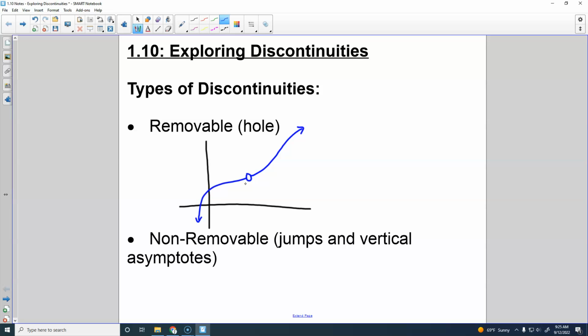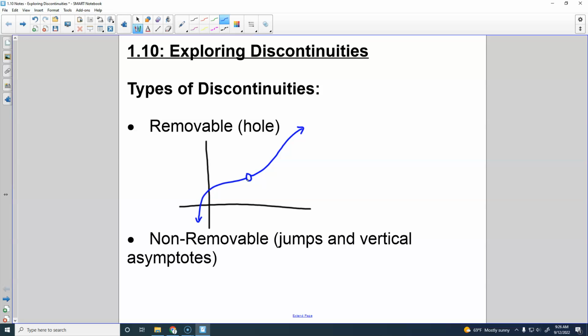Graphs have discontinuities if at any point while you're tracing the graph, you would have to pick up your pencil. So as you trace this graph, to get over that hole, you'd have to pick up your pencil, jump over the hole, and keep going. Theoretically. I realize you get infinitely close, but theoretically, you'd have to pick up your pencil because of that hole in the graph.